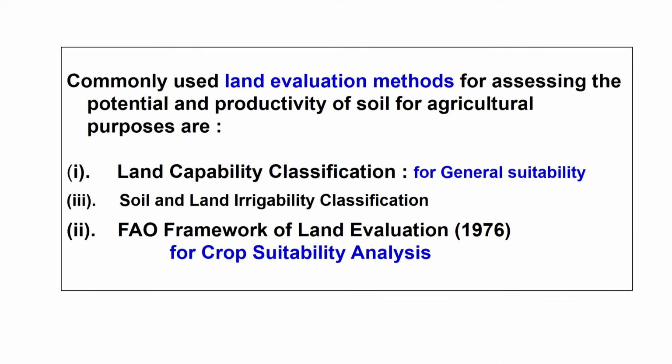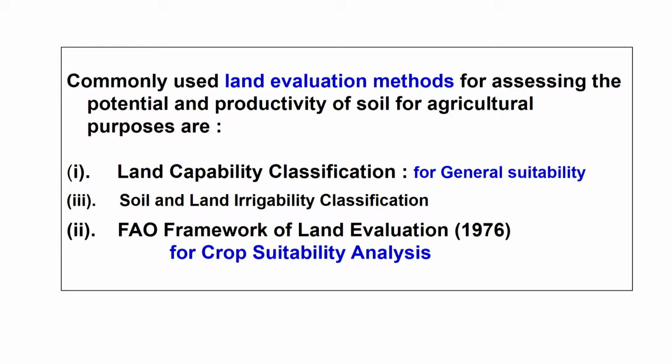Commonly we use land evaluation methods. In general we use three methods. One is the land capability classification, which tells you the general suitability of land, whether it is suitable for agriculture or forestry, and if it is suitable for agriculture, then how suitable it is. Second is the soil and land irrigability classification.